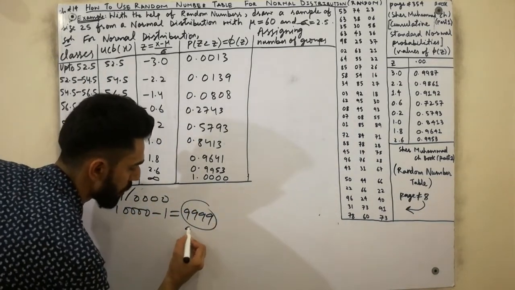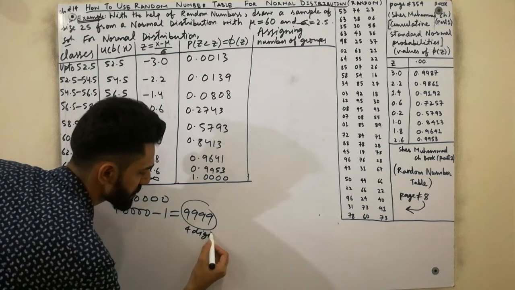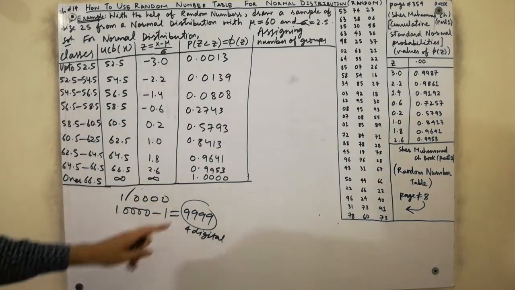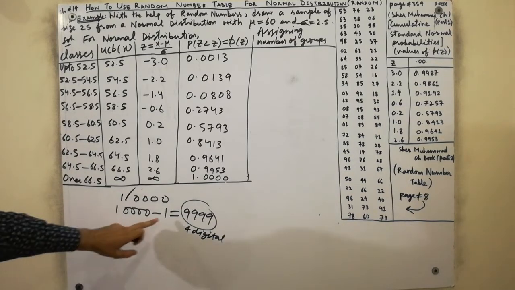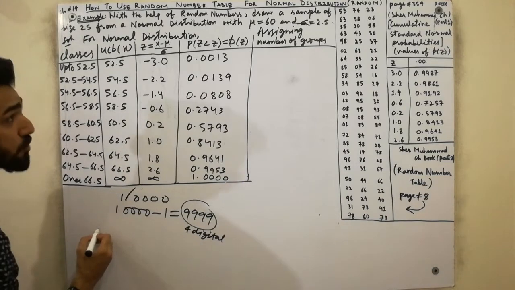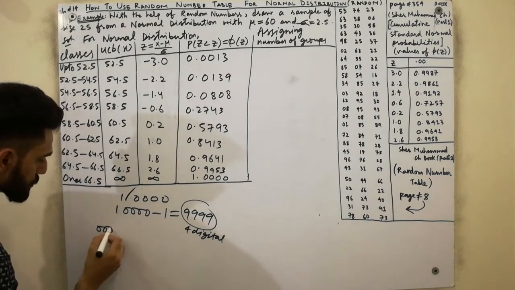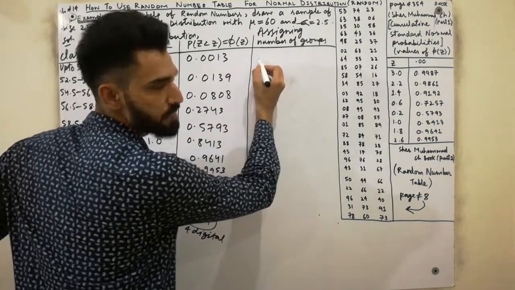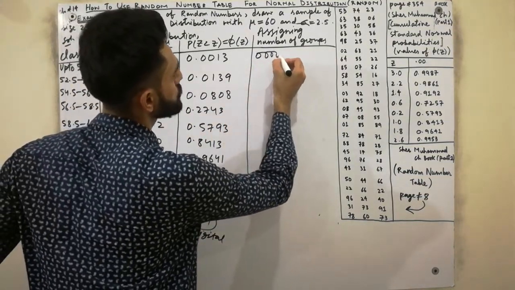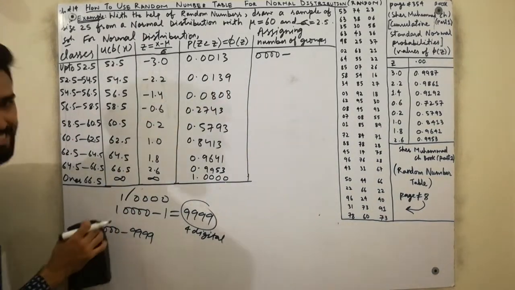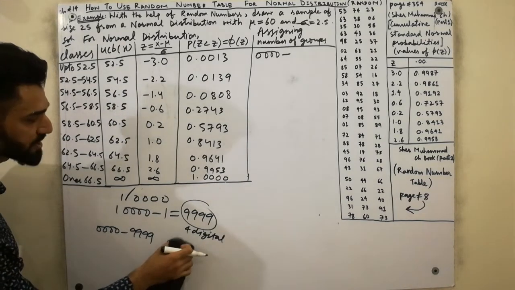1, 2, 3, 4, four digits. I hope that it is clear. I neglect the last decimal. 10,000 minus 1 is equal to 9999, and these are 4 digits. We can say that the groups will be numbered from 0000 to 9999.